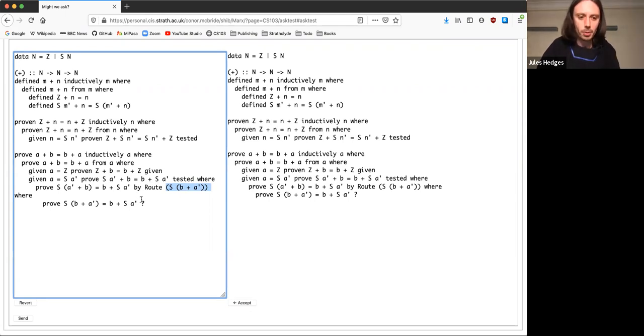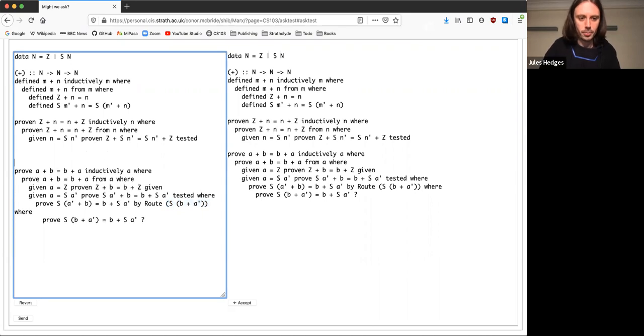So I'll deal with the visible one first. In the visible one, it turns out to be useful to write a helper proof as well. The helper proof that we need here is something like prove m plus sn equals s of m plus n.